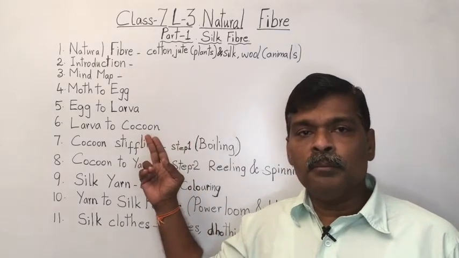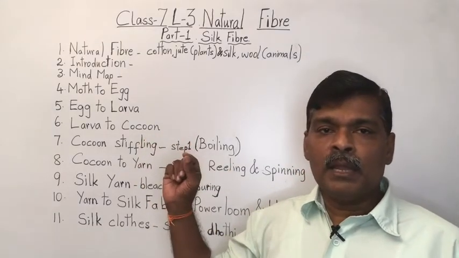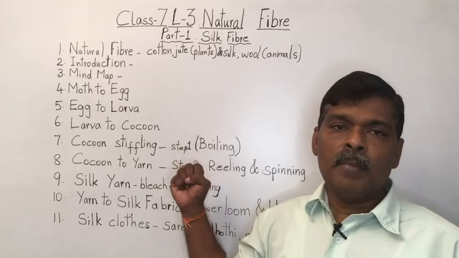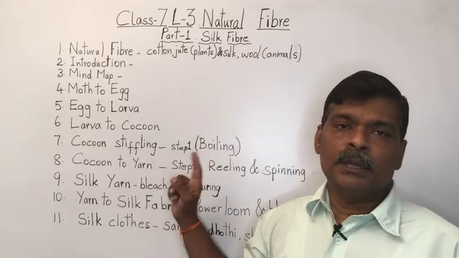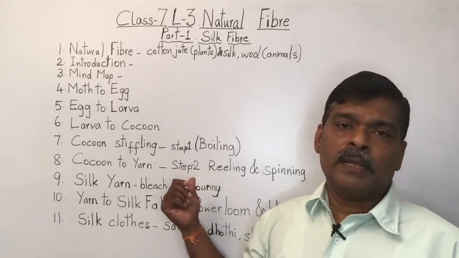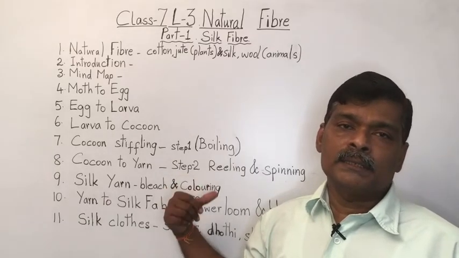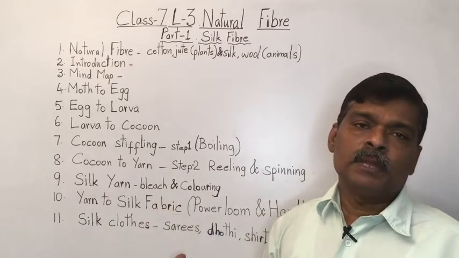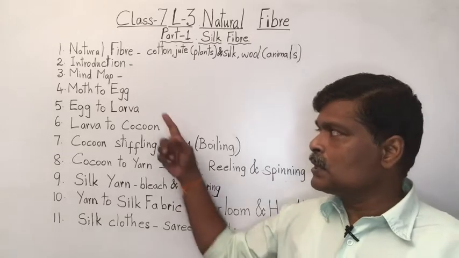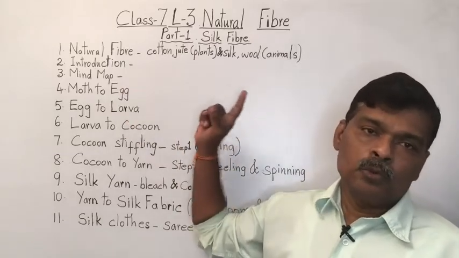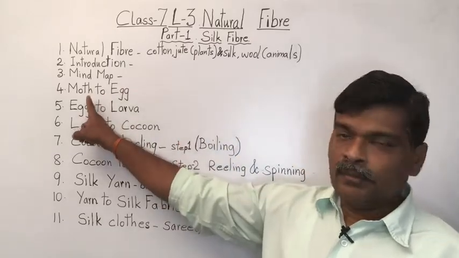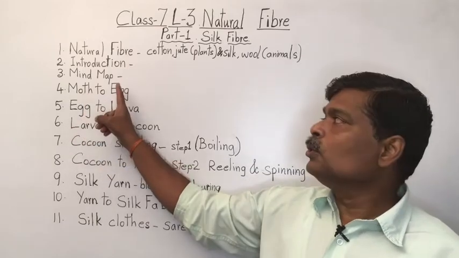That cocoon gives a very thin fiber, and those fibers are combined to make yarn, yarn to fabric, and then it becomes a good dress. So it moves on like this. The first point is about moth to egg.